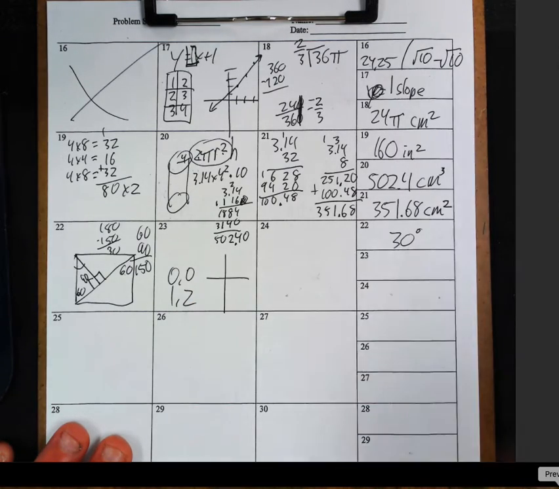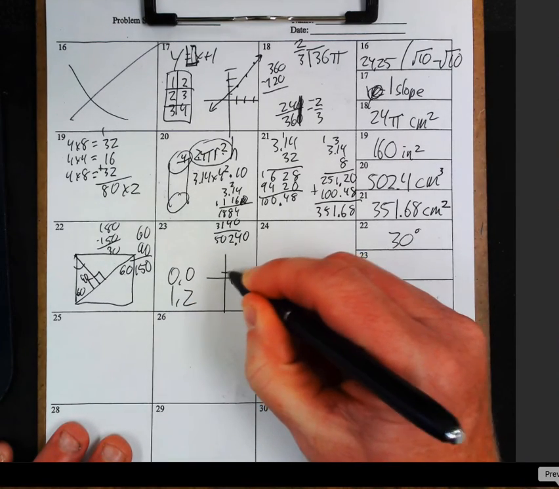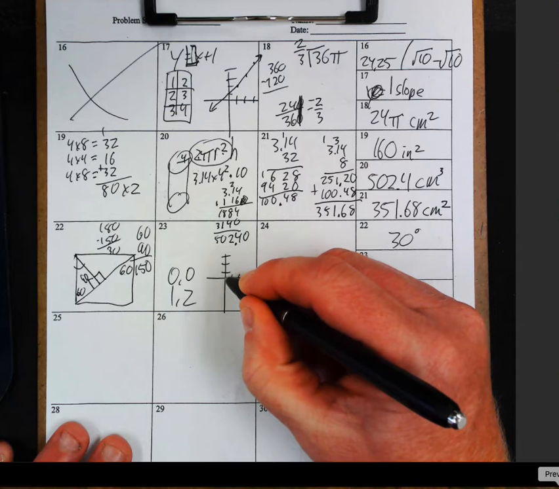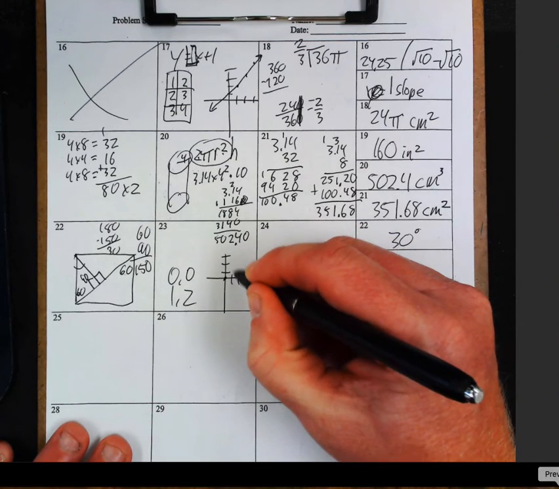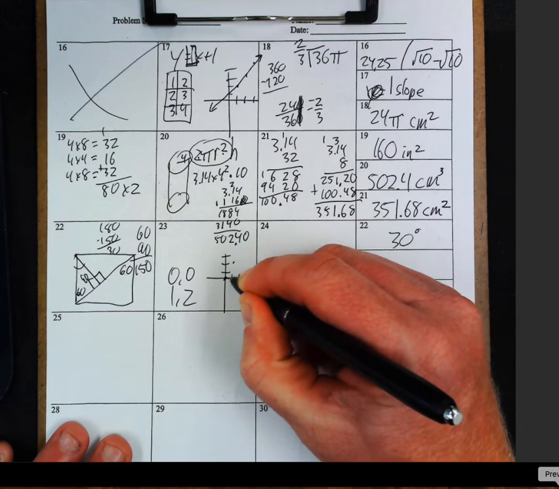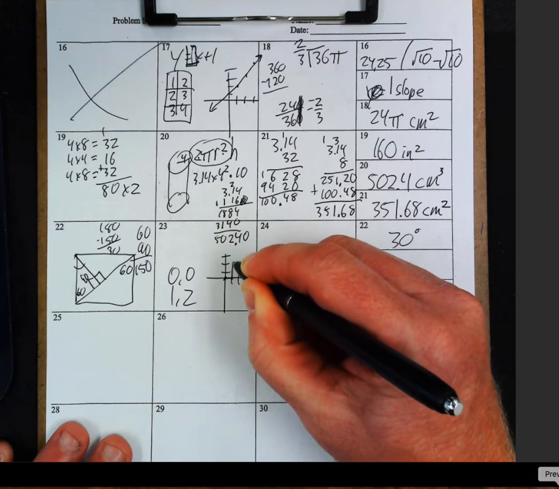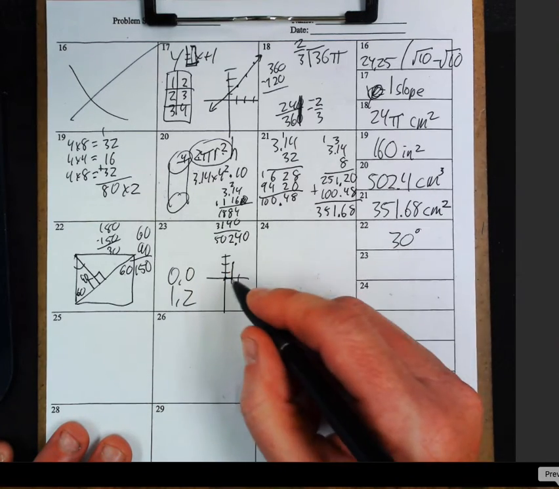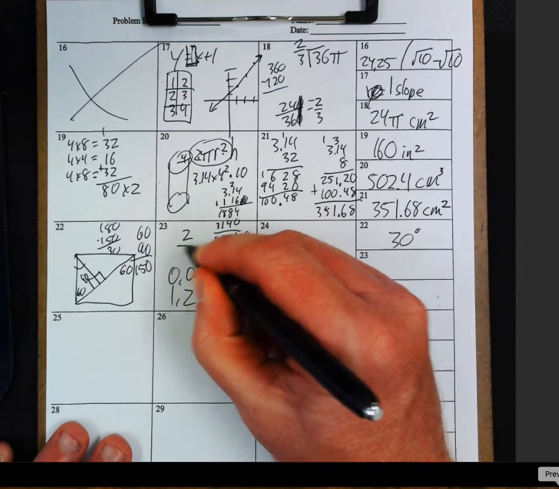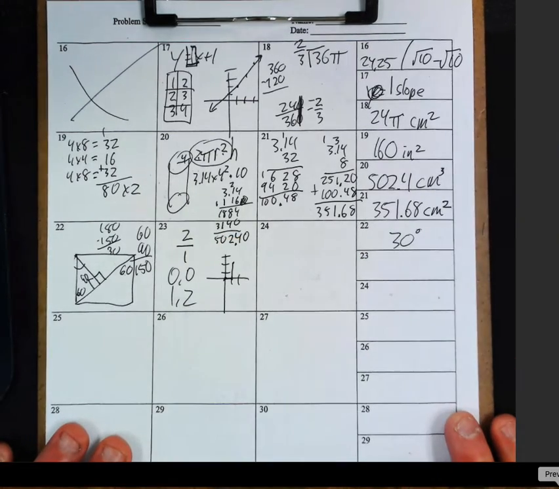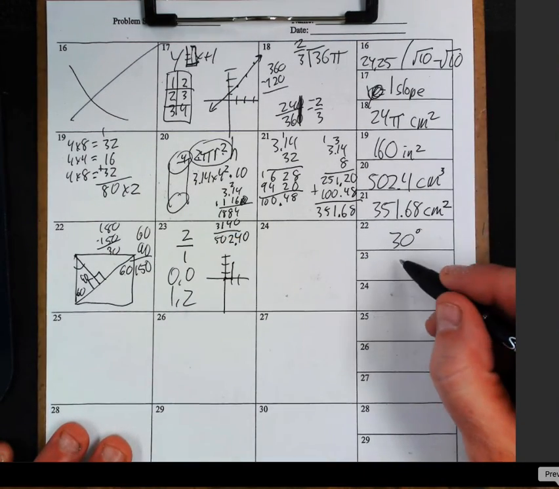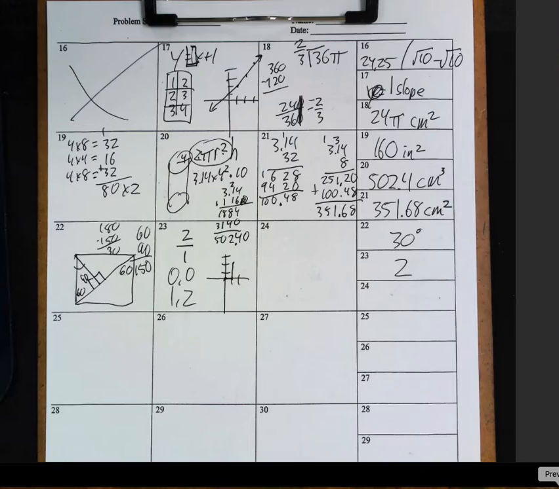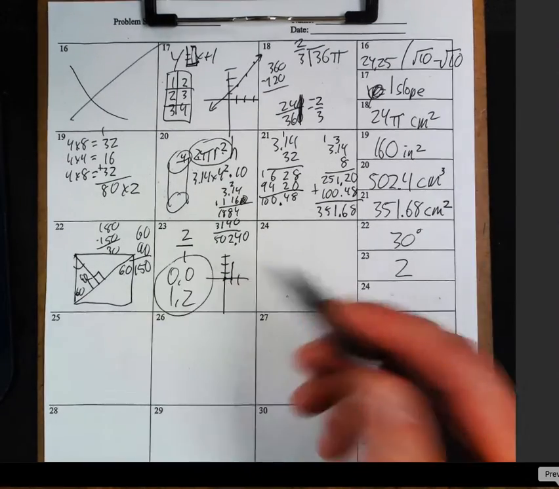Okay, now guys, you got two choices. If you drew the little boxes, you went over 1, up 2. Rise over run. I went up 2. I went over 1. 2 over 1 equals 2. My slope is 2.